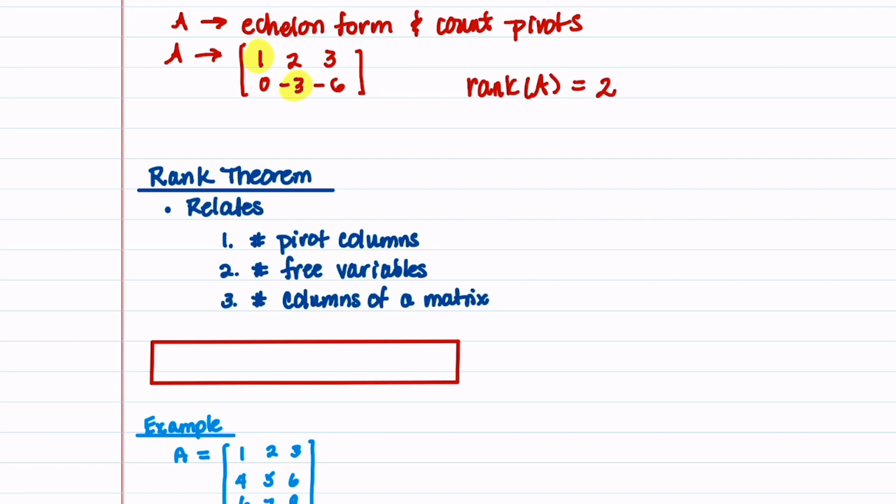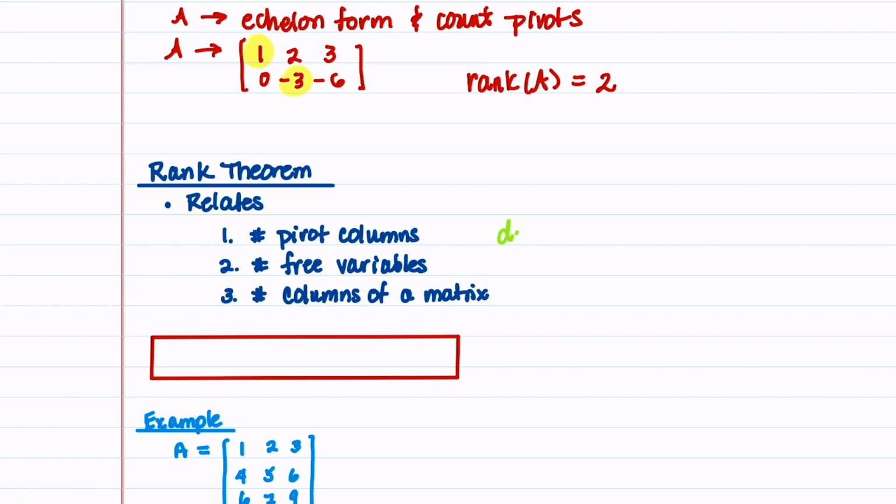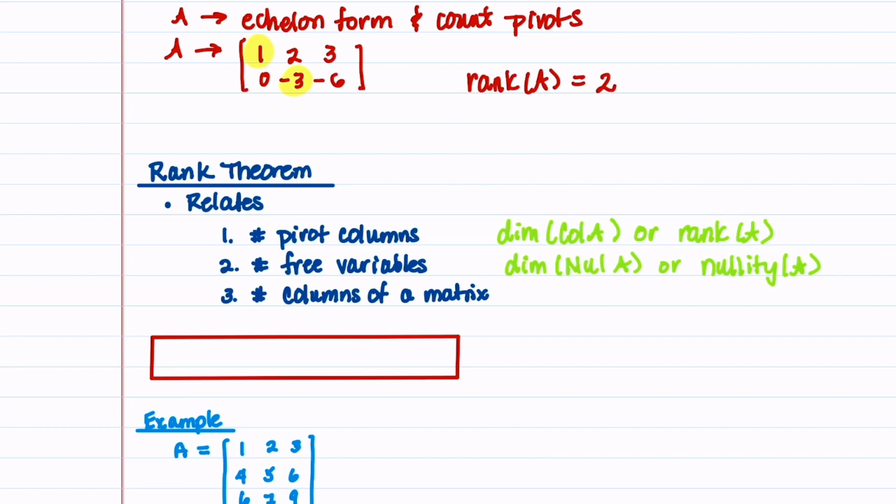Let's remind ourselves that the number of pivot columns is the dimension of the column space of A, or it's the rank of A. The number of free variables in our matrix A is the dimension of the null space of A, or sometimes it's called the nullity of A. And then the number of columns of our matrix, and we're going to assume that our matrix A is m by n, so the number of columns is equal to n.